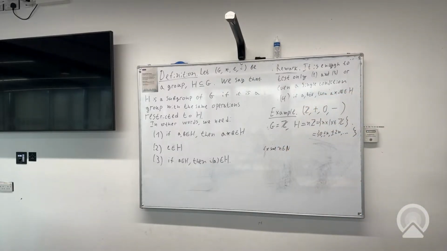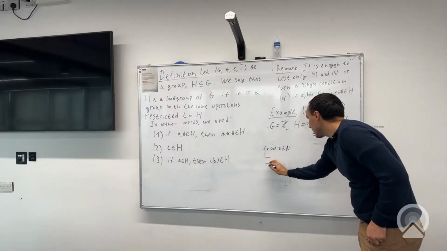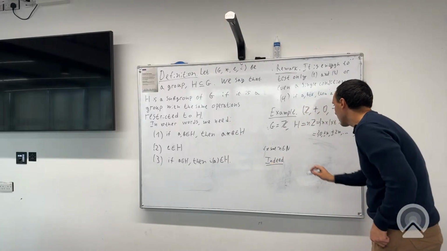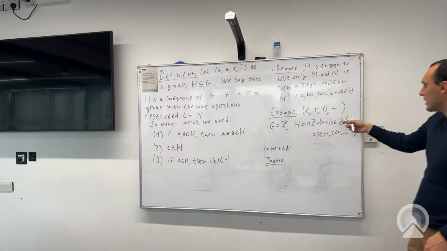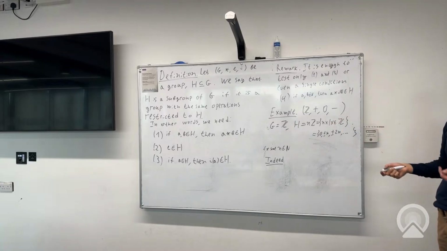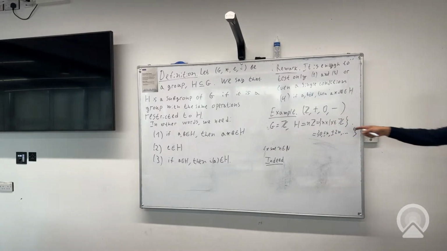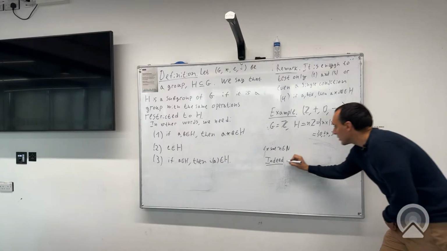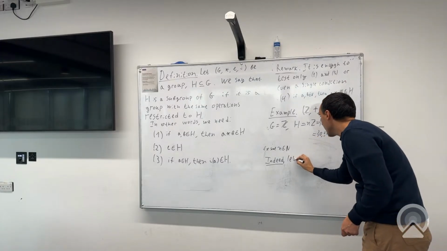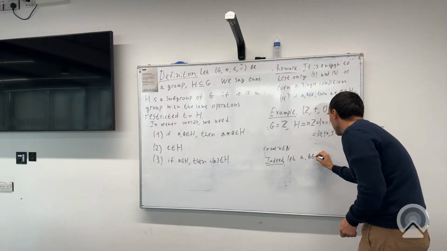So this is a subgroup. Why? Well, let me prove it. This is the set of numbers that are divisible by n. If n is 2, we get the even numbers. If it's 3, we get the numbers divisible by 3. This is the set nZ. So indeed, let me take two elements. Let a and b be in nZ.